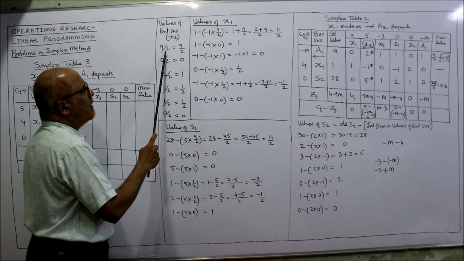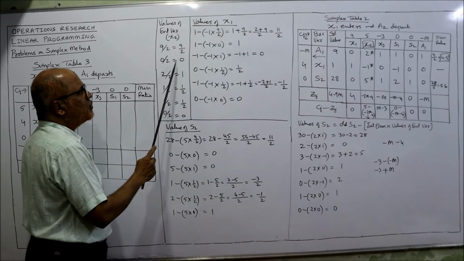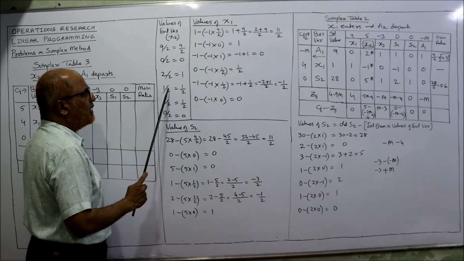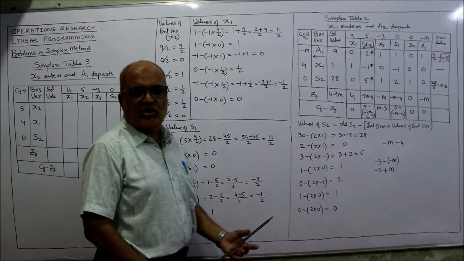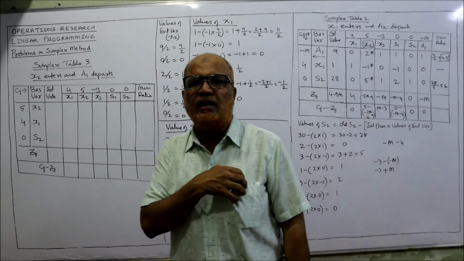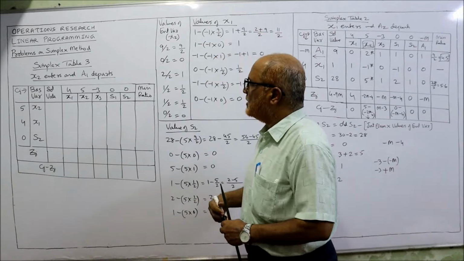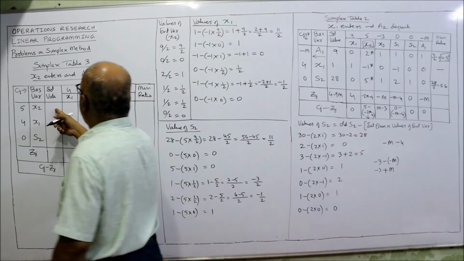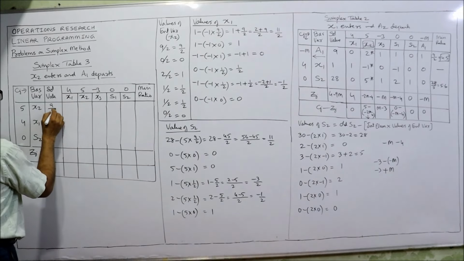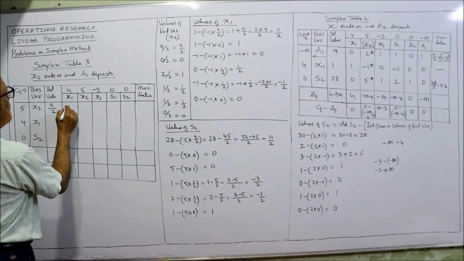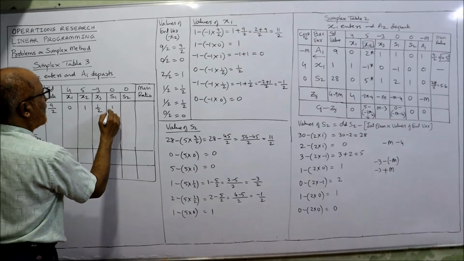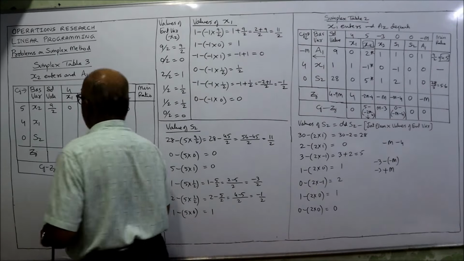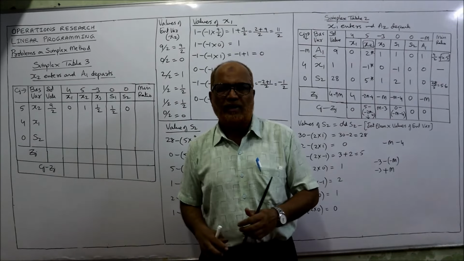So 9 divided by 2 is 9 by 2. 0 by 2 is 0. 2 by 2, 1. 1 by 2, 1 by 2. 0 by 2 is 0. So we got the values of the entering variable x2, right? So x2 values, I am taking down here: 9 by 2, then 0, 1, 1 by 2, again 1 by 2, and last one 0.